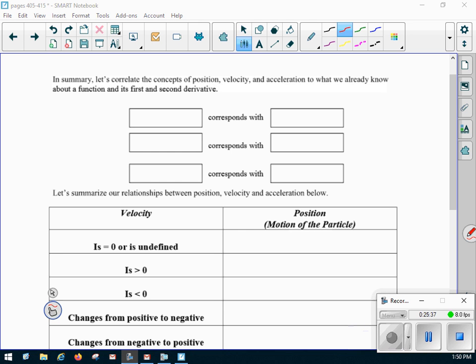All right, here we go. In summary, let's correlate the concepts of position, velocity, and acceleration to what we already know about a function and its second derivative. F of x corresponds with position.